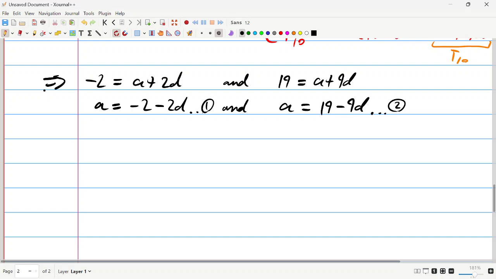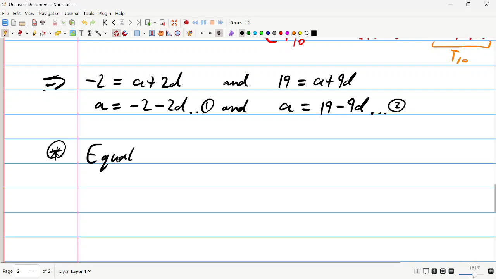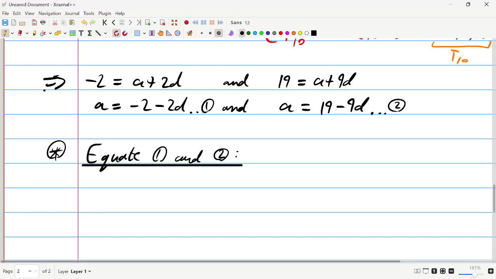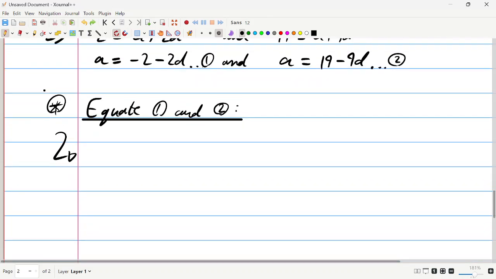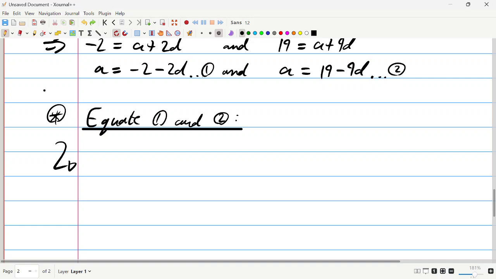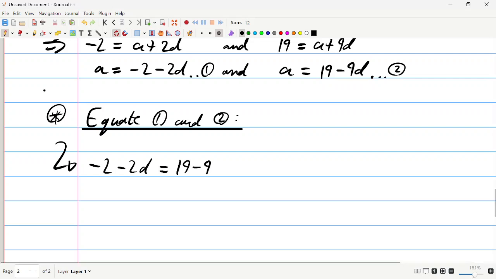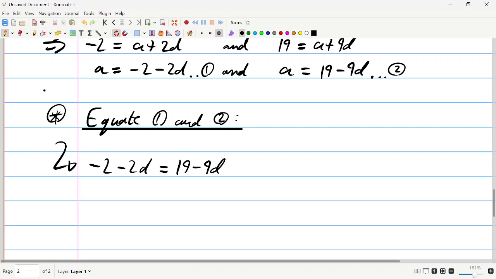In our step here, we are going to equate 1 and 2, meaning let them be equal to each other. So what are we doing? We are going to eliminate the A parameter so that we are only left with an equation in terms of D. So it's negative 2 minus 2D equals 19 minus 9D. And then we just solve for D from here.